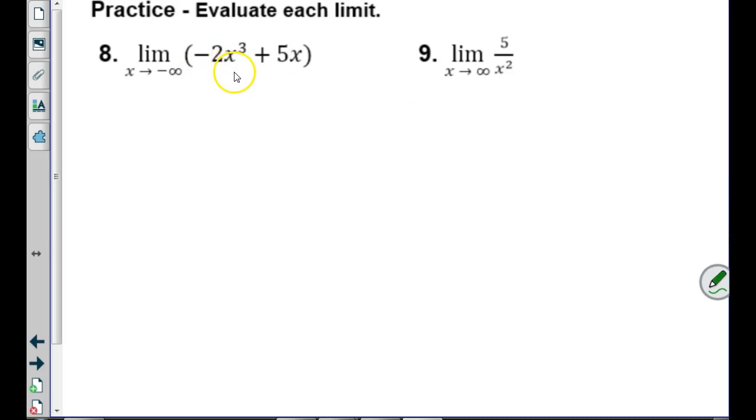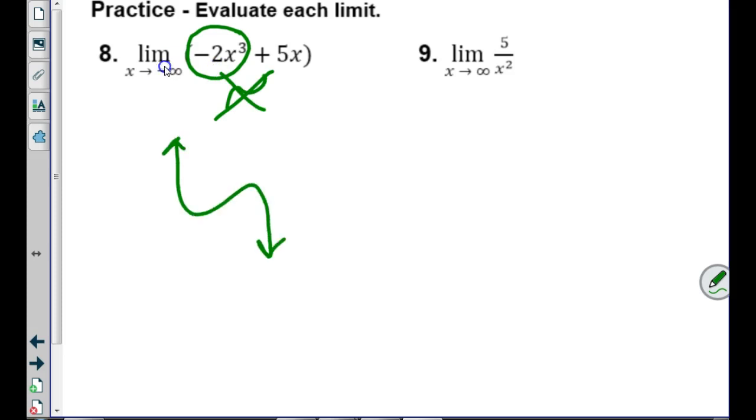What's the negative cubic look like? You can graph it if you need to. What does that look like, though? Cubic is normally like this, but a negative means what? Flipped, so it's looking like this. So what is the left end doing?